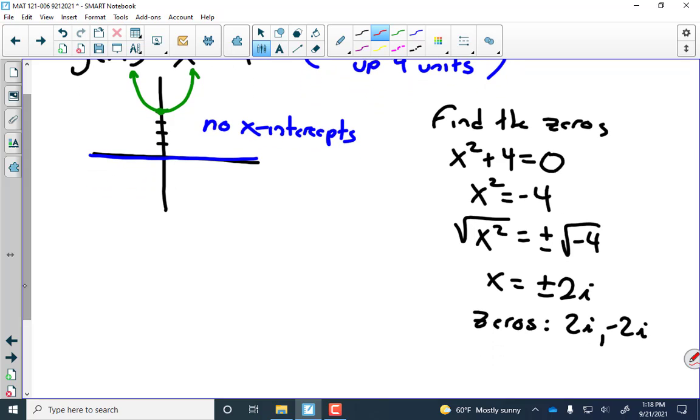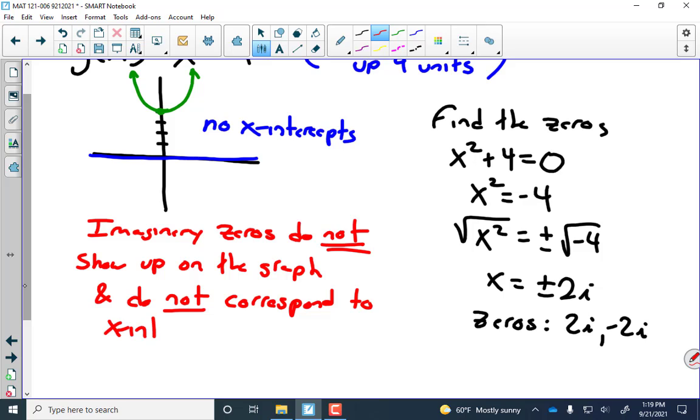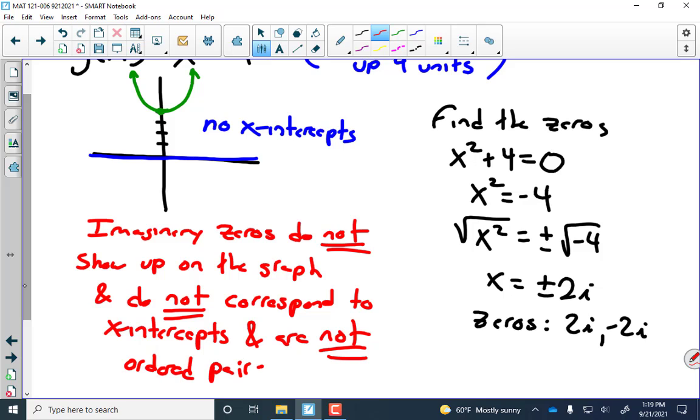But imaginary zeros do not show up on the graph and do not correspond to x-intercepts and are not ordered pairs.